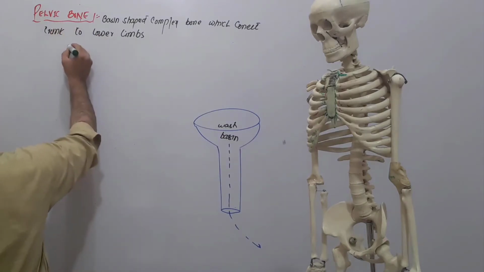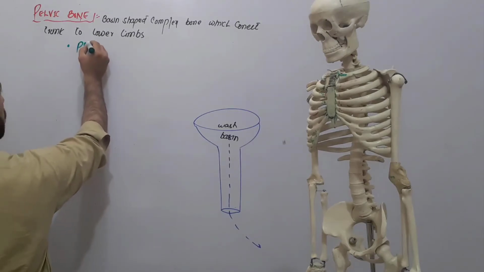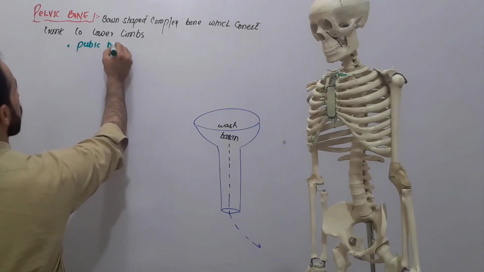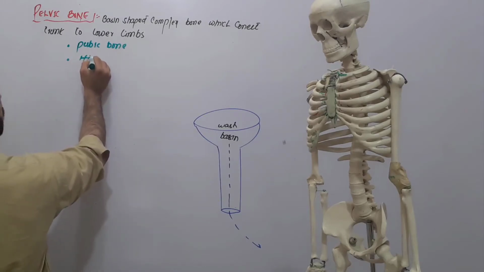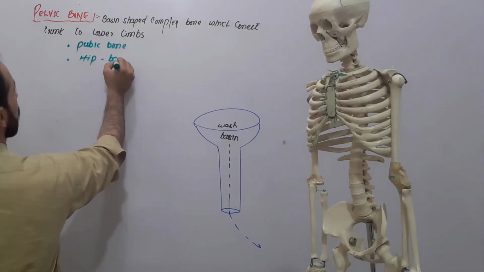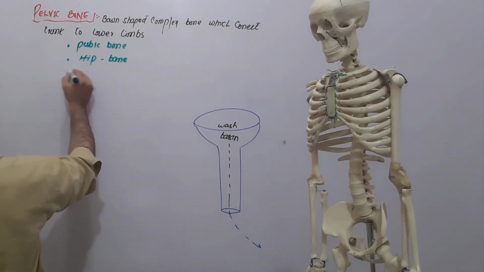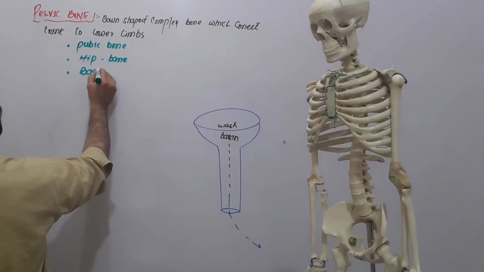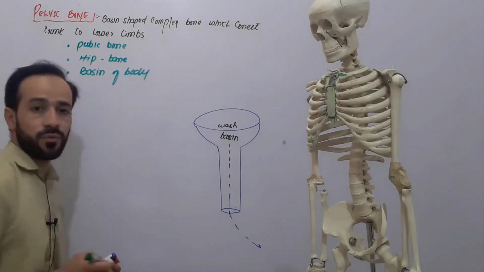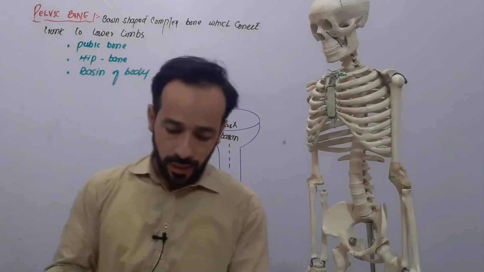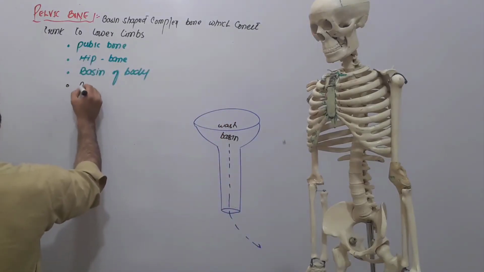Now your pelvic bone is also known as the pubic bone, and it is also known as the hip bone. It is also known as the basin of the body, and we should not forget that it is also known as the pelvic girdle.